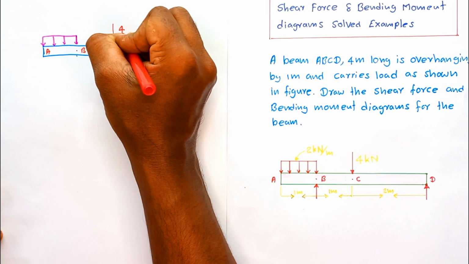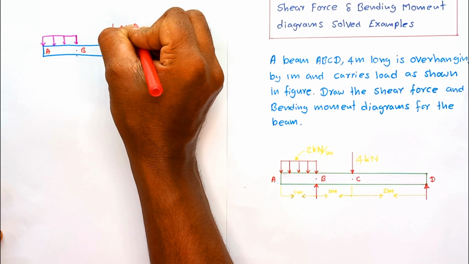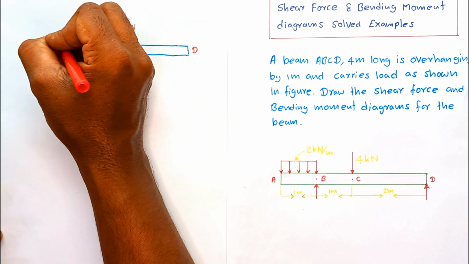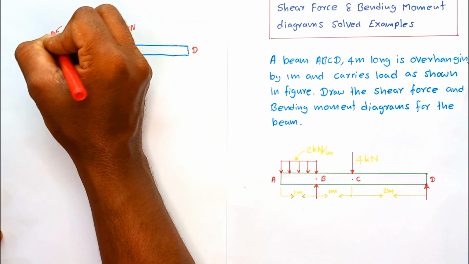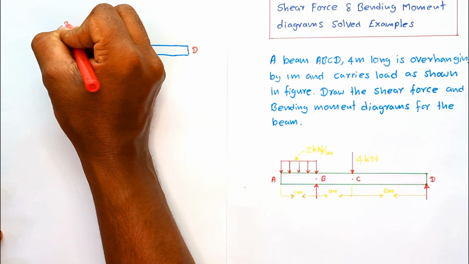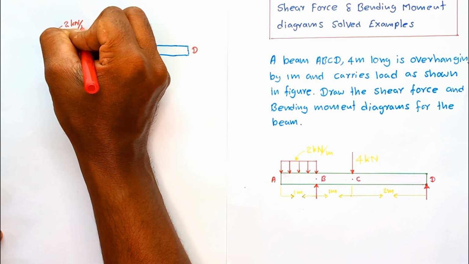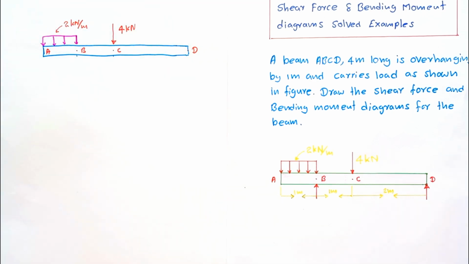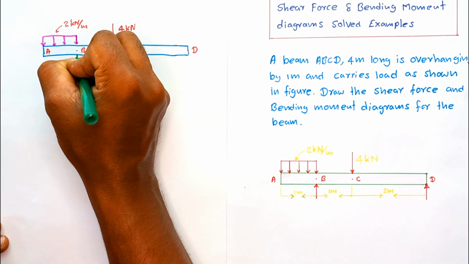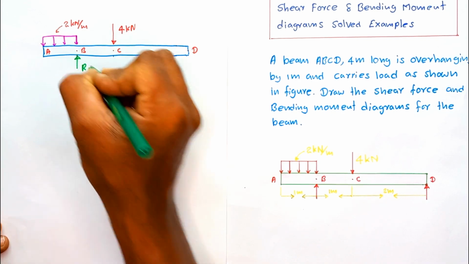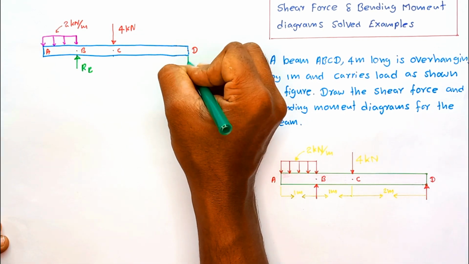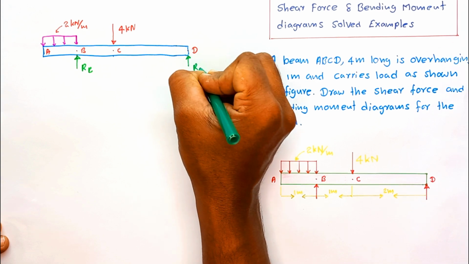The magnitude is equal to 4 kilonewton, and the magnitude of the distributed load is equal to 2 kilonewton per meter. Then here we can see two supports. So I'll mark these support reactions as RB, and here another support reaction RD.